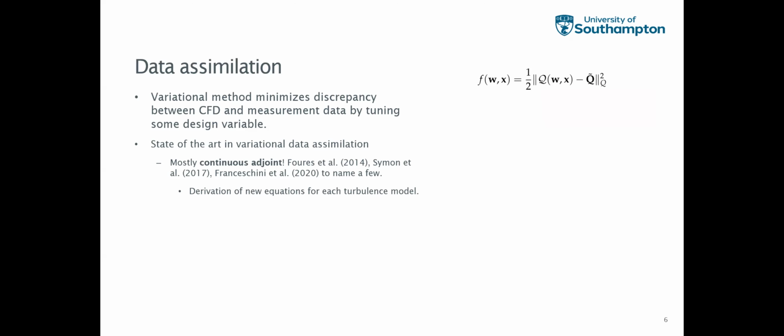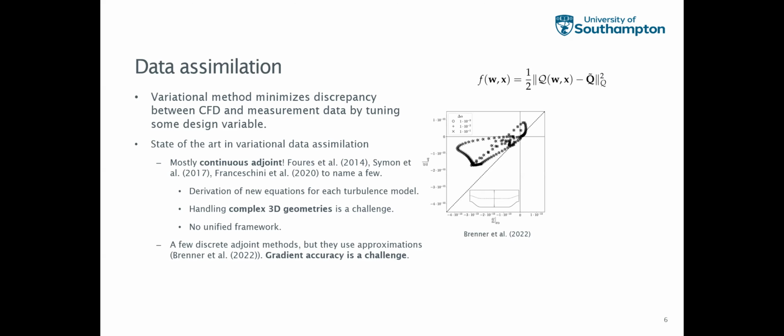As you know, it has a bunch of disadvantages, such as having to derive new equations for each turbulence model, and handling complex 3D geometries is a challenge because of the simplifications that are used to derive the adjoint equations for different turbulence models. And there's no real unified framework, as is the case with DAFoam, which is a trouble if you're looking to study complex 3D cases, for example.